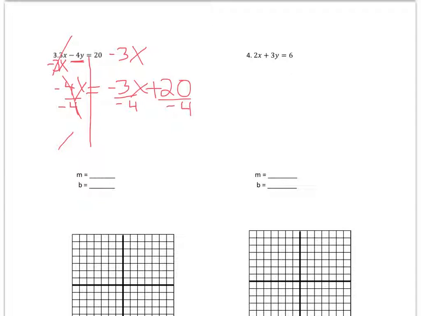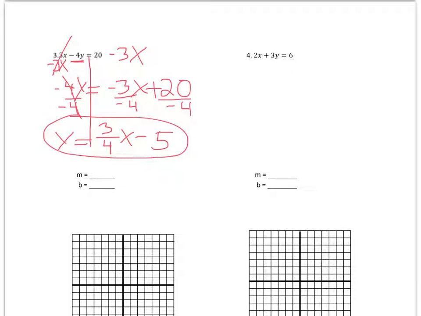So I have y completely by itself. Here, these two negatives cancel out, and just leave it as 3/4. Remember, don't make it a decimal, because that actually makes it more difficult for us to graph. I always want the slope written as a fraction. And then here, the 20 divided by negative 4 is negative 5. So that negative 5 becomes the y-intercept.